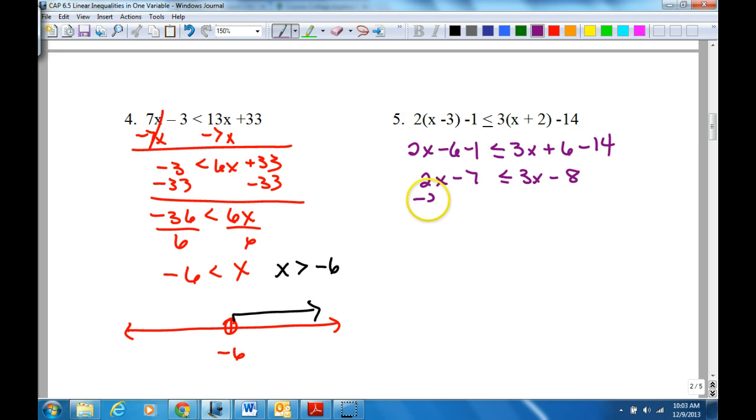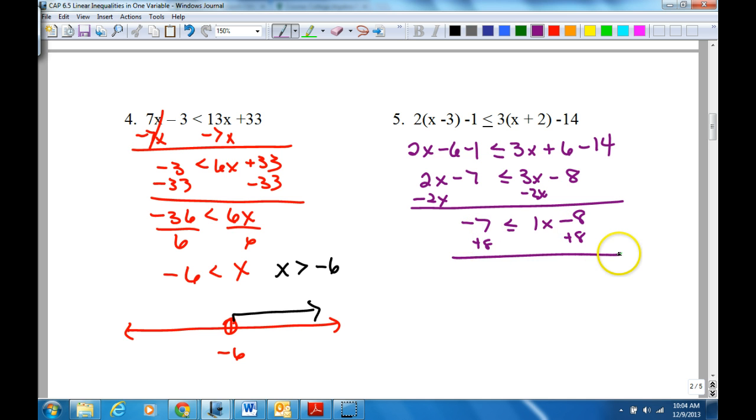Okay, if I subtract 2x from both sides, I have negative 7 is less than 1x minus 8. Add 8. I have 1 less than x. Less than or equal to x.